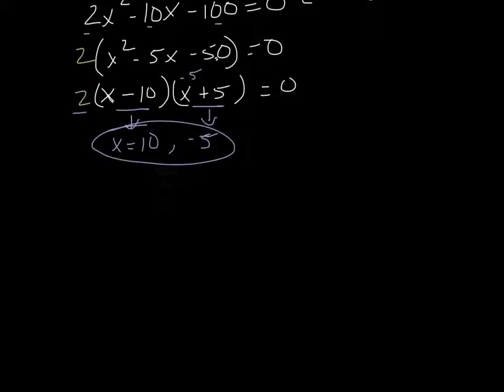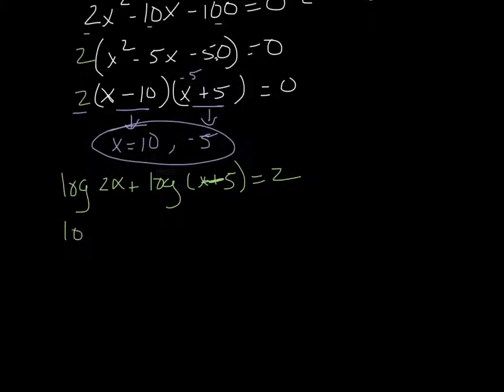So our original problem, we had log of 2x plus log of x minus 5, sorry, equals 2. And if we plug in our first solution, 10, we get log of 2 times 10 plus log of 10 minus 5 equals 2.